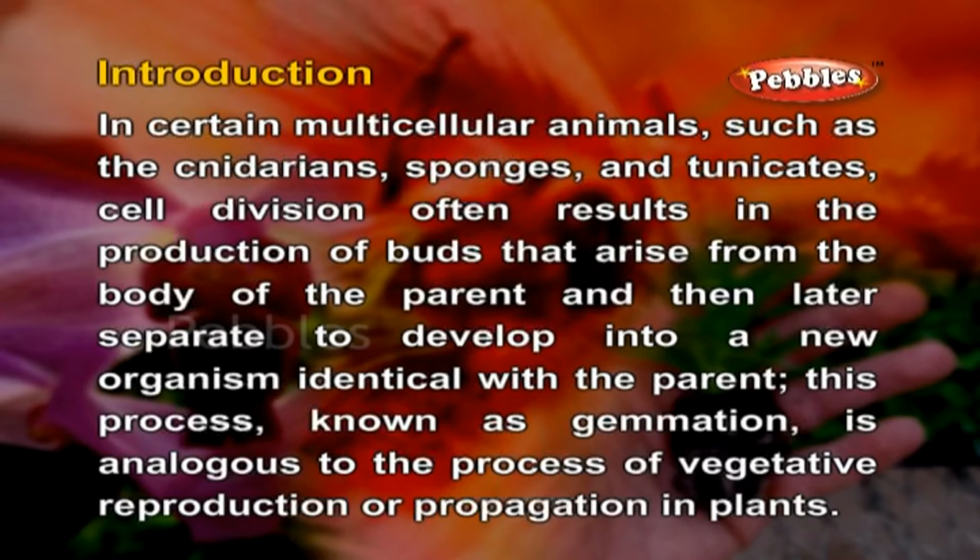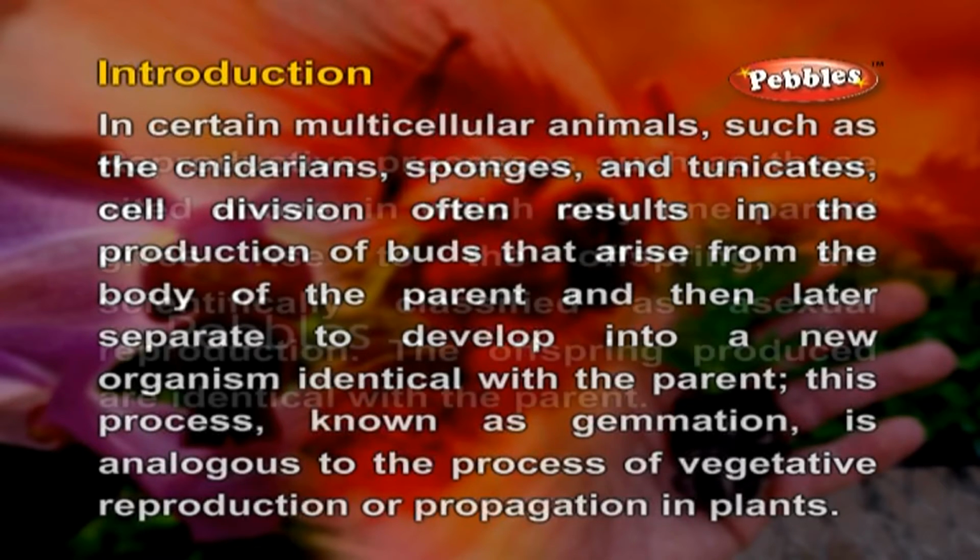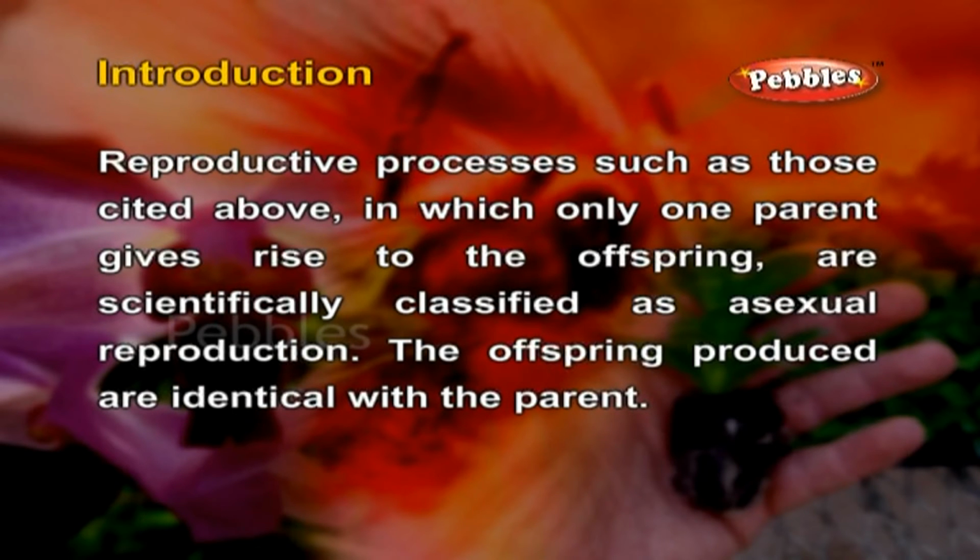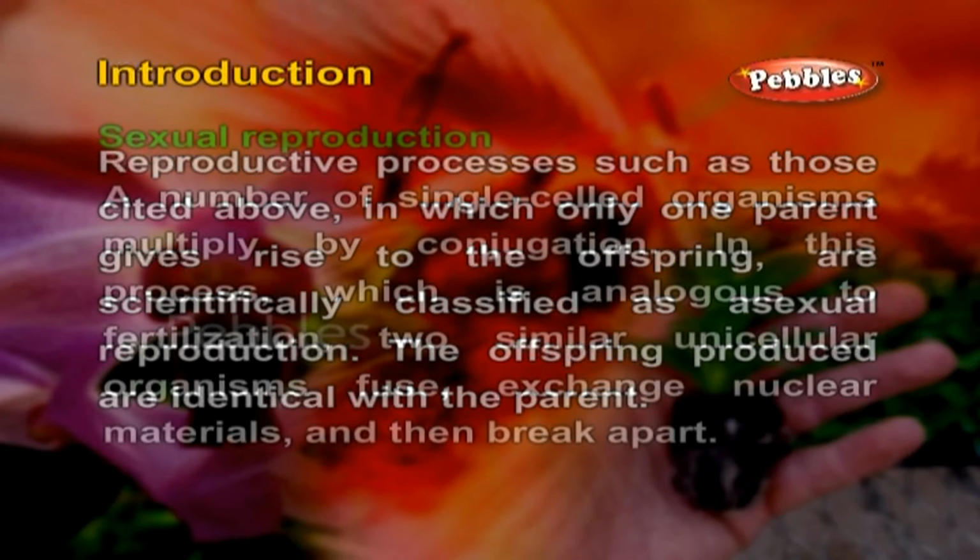This process, known as germination, is analogous to the process of vegetative reproduction or propagation in plants. Reproductive processes, such as those cited above, in which only one parent gives rise to the offspring, are scientifically classified as asexual reproduction. The offspring produced are identical with the parent.